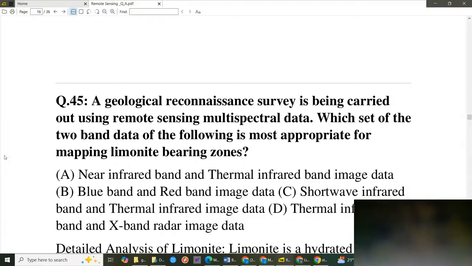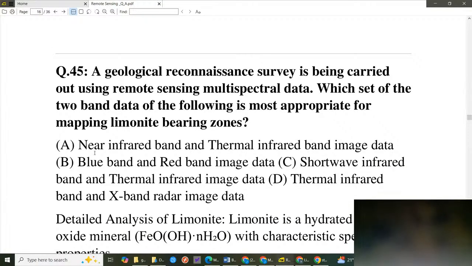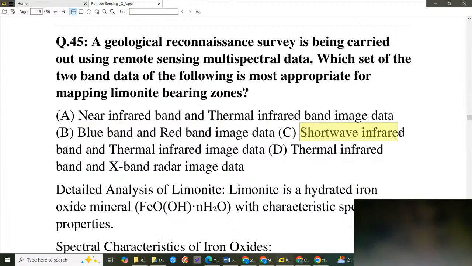Which set of two bands of data is the most appropriate for mapping limonite bearing zones? Option A, near infrared band and thermal infrared band image data. B, blue band and red band image data. C, short wave infrared band and thermal infrared image data. D, thermal infrared band and X band radar image data.